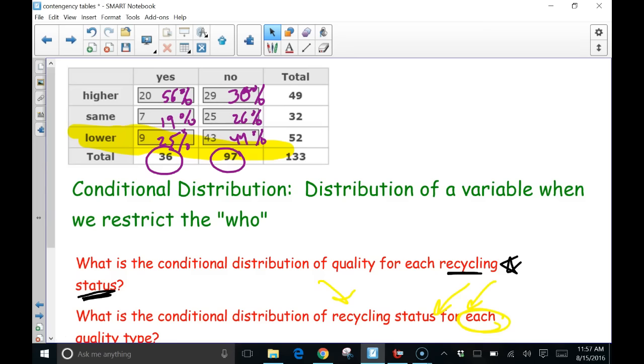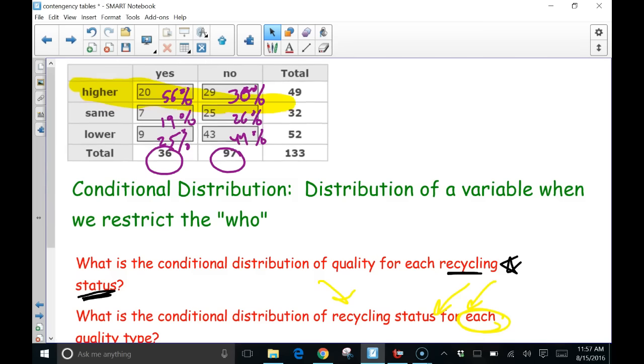So now, instead of going down, I'd say of the higher, what percentage recycled? And I would see it's 20 out of 49.